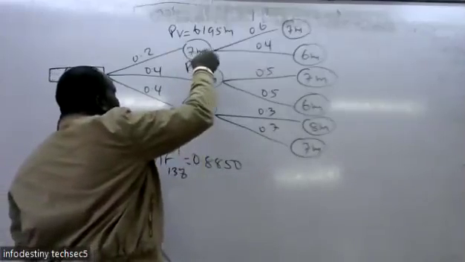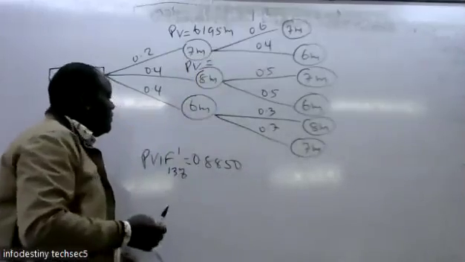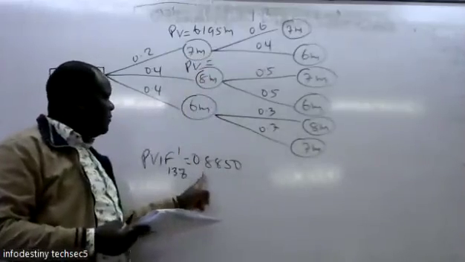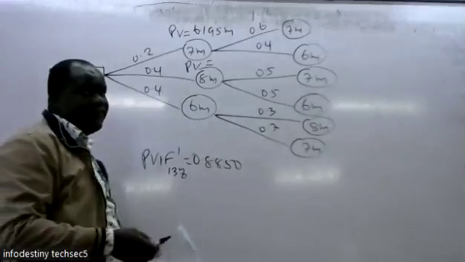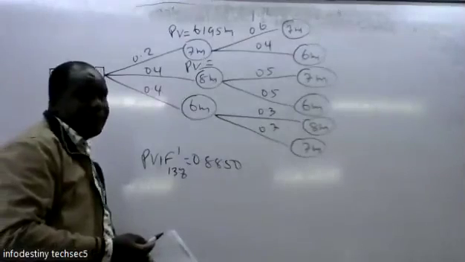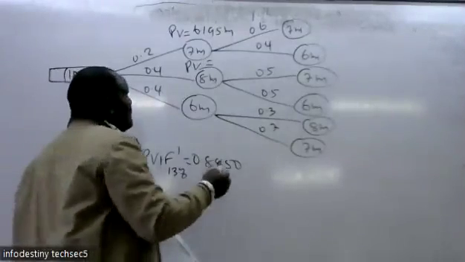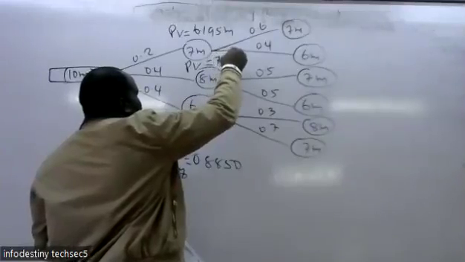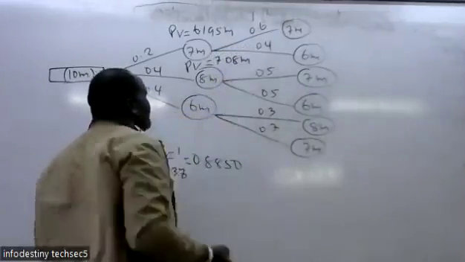We also discount the other one: 8 millions multiplied by 0.8850 gives 7.08 millions.